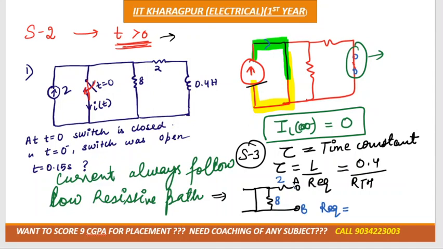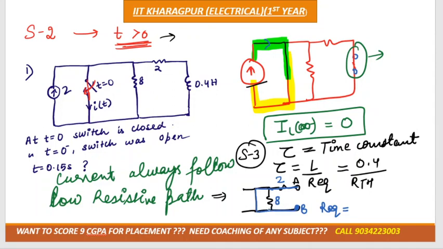Not 10. Just imagine you are standing at A. You need to move towards B. You will go through this path, 2 ohm. Will you go through the path where 8 ohm is present, or will you choose the plain path? Tell me.